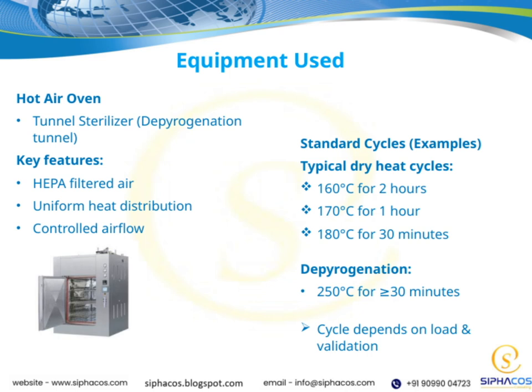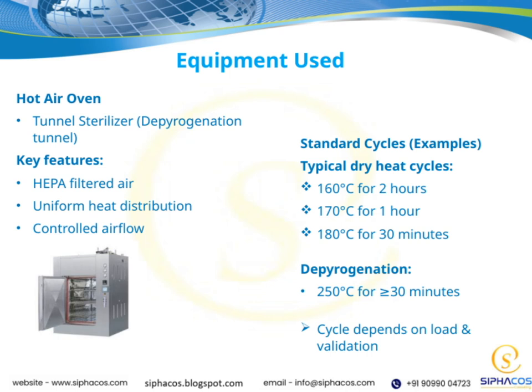The equipment we use for these cycles includes hot air ovens and tunnel sterilizers, sometimes called depyrogenation tunnels. These devices are specially designed to maintain consistent conditions. They feature HEPA-filtered air, which helps keep the environment clean and free of airborne contaminants.